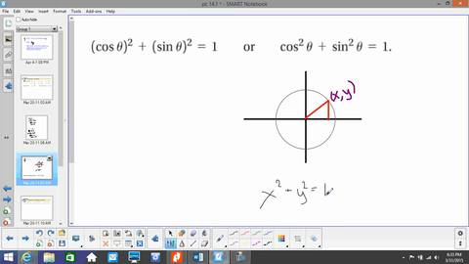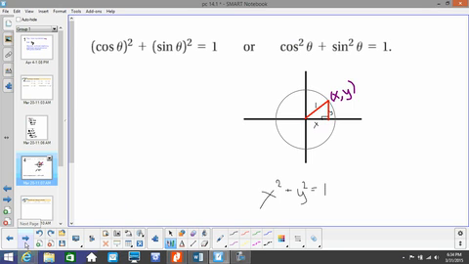Think back to geometry. That is simply the Pythagorean theorem. A squared plus b squared equals c squared. In this case, our c is the radius of the circle, which is 1. Our x is that length. Our y is that height.